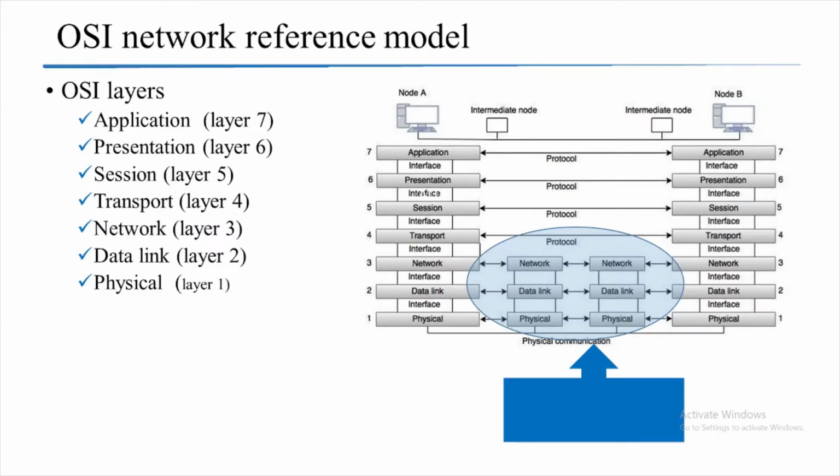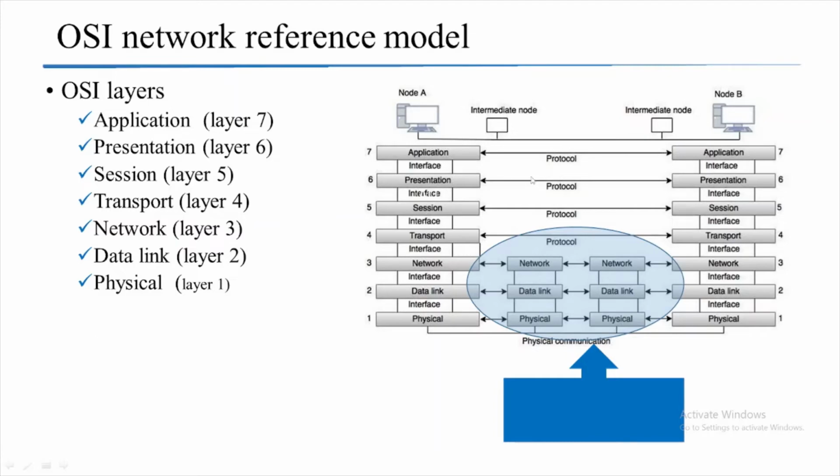In particular, the uppermost layers, the application layer, presentation layer, session layer, and transport layer, are peer-to-peer layers, or the packages of protocols included in the uppermost layers are peer-to-peer protocols, right? Because the communication is process-to-process communication.